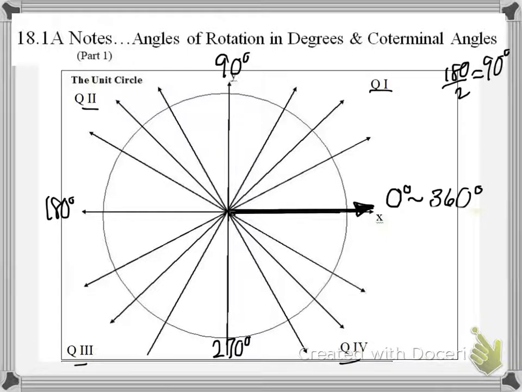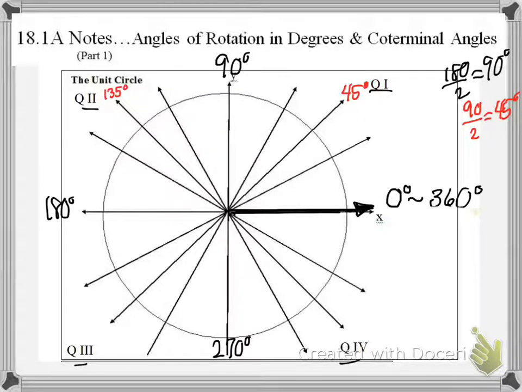I'm going to start here with, what if I took my 90 and divided that in half? And I'd have 45 degrees. So I'm going to have 45 degrees here. And if I add 45 degrees plus 45 degrees, I get to that 90 degrees. Plus another 45 degrees takes me to 135 degrees.